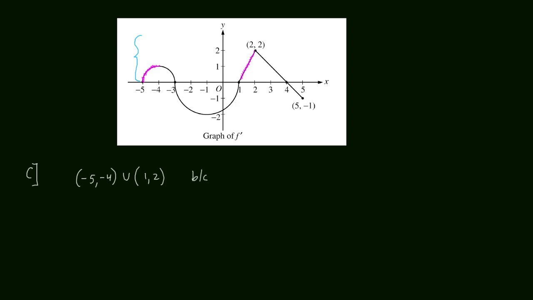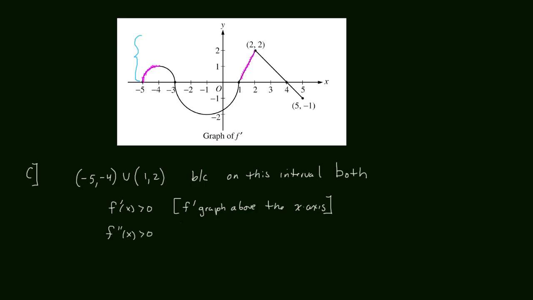And this is because on this interval, we need both of these qualities: both f prime of x is greater than 0, visualized as the f prime graph above the x-axis, and f double prime of x is greater than 0, visualized as the f prime graph is increasing.